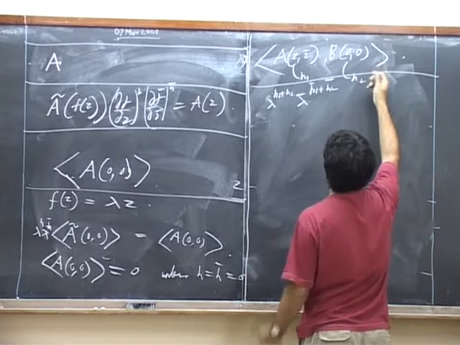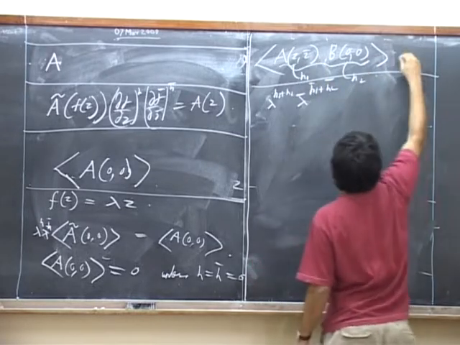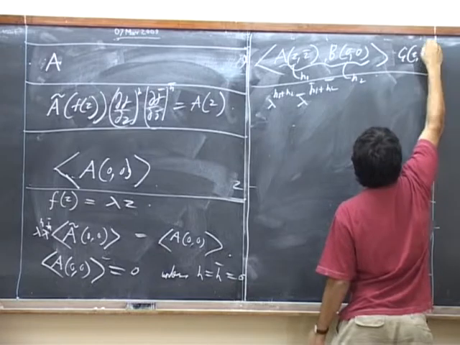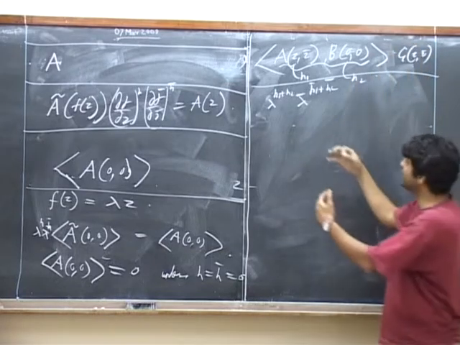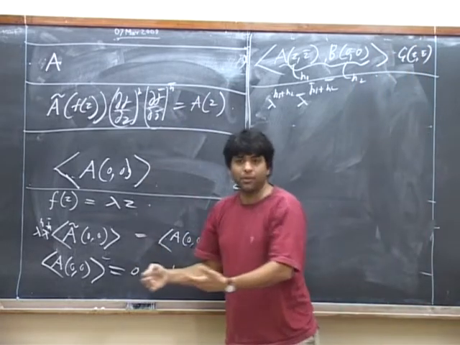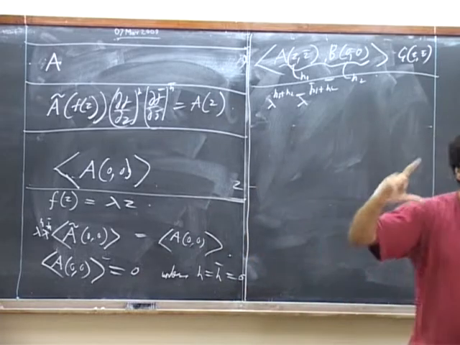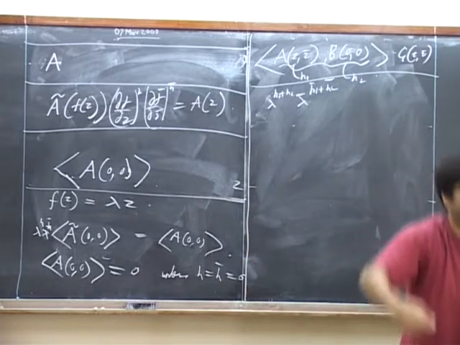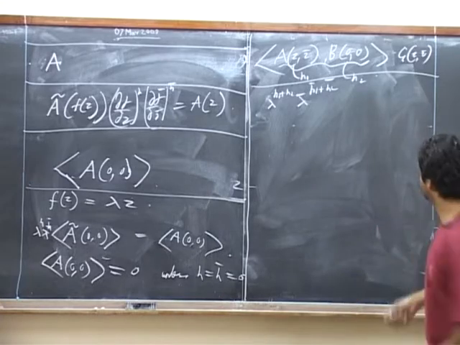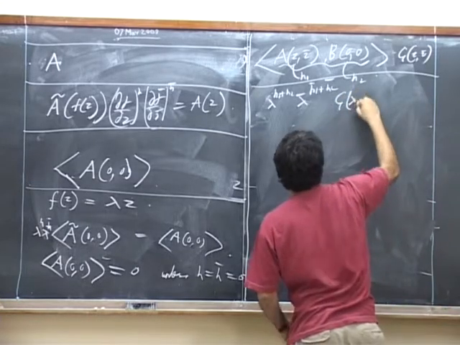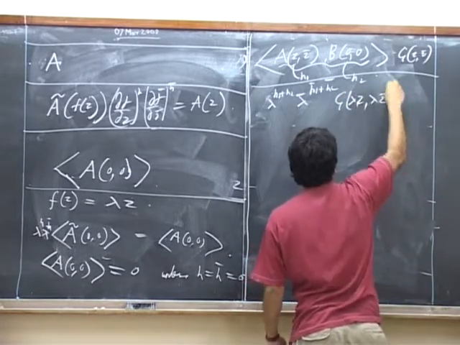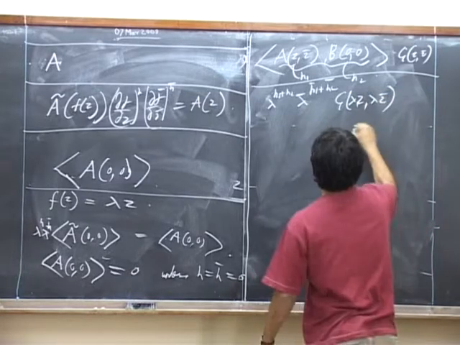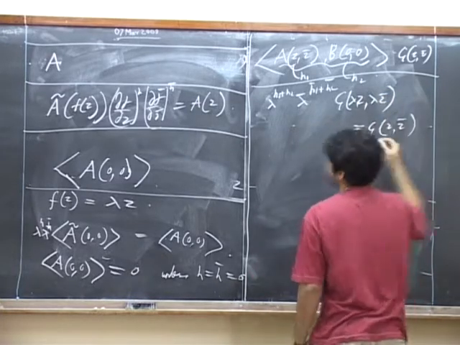Let's call it some Green function, g(z, z̄). Once we change variables, we get the same function computed in the new coordinates, at points λz and λz̄. So λ^(h1+h2) λ̄^(h̄1+h̄2) g(λz, λz̄) is equal to g(z, z̄).